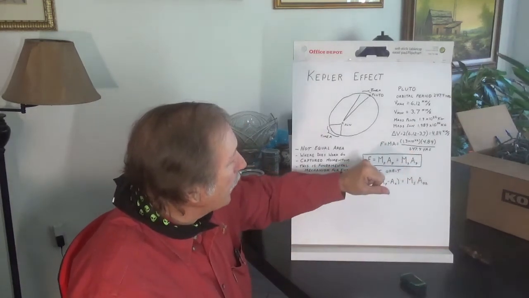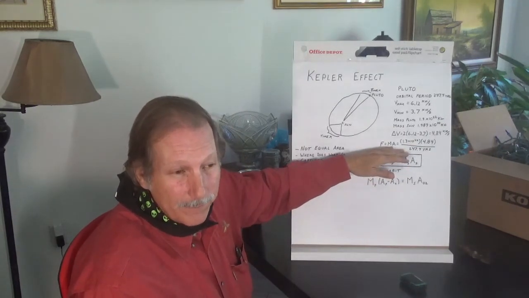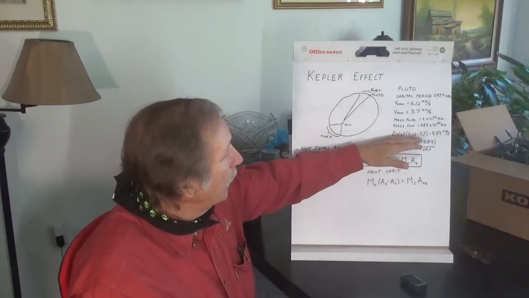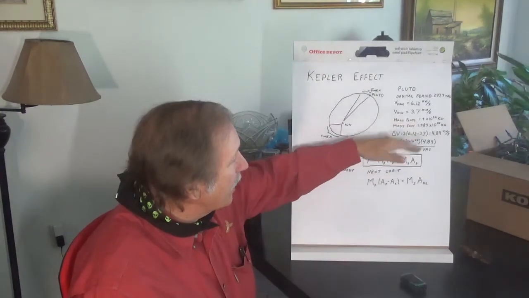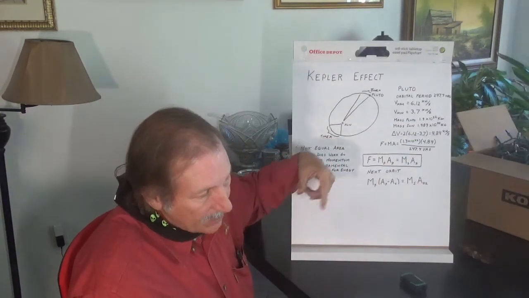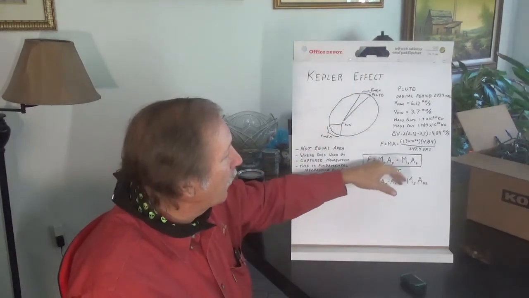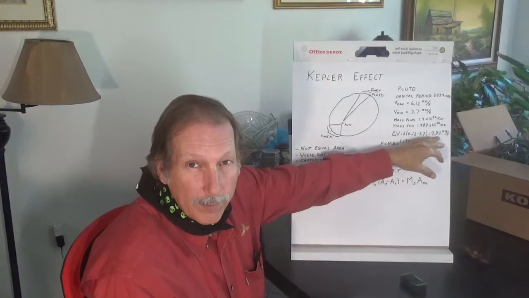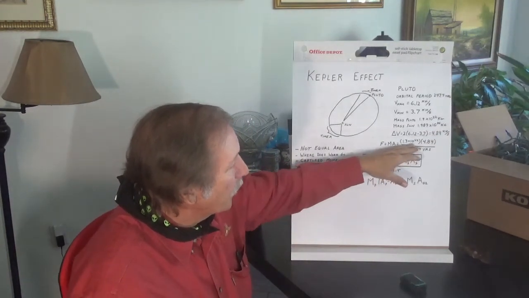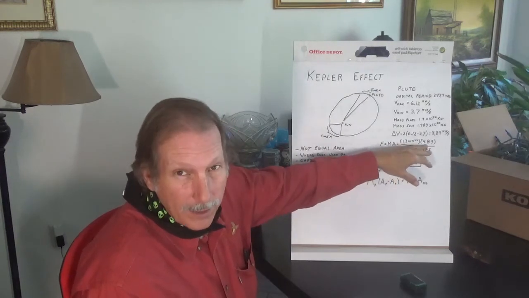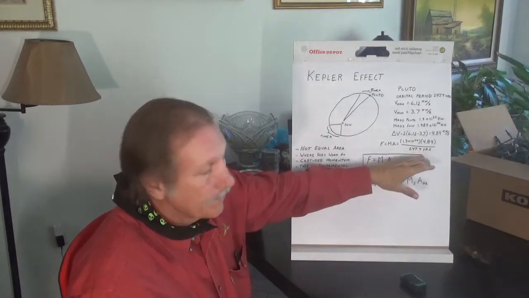So if we take just the force equation, mass times acceleration, the delta V is actually 2 times that change, because you're decelerating on the way out and accelerating on the way back in. So the total change is 4.84 kilometers per second. So that force equation would be 1.3 times 10 to the 22nd times 4.84 kilometers per second divided by 247.4 years.